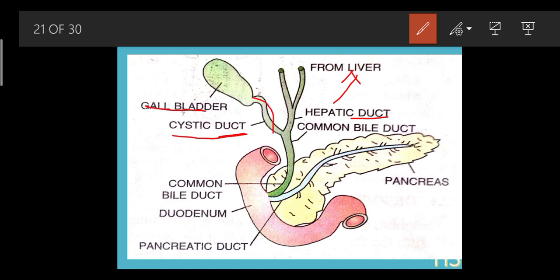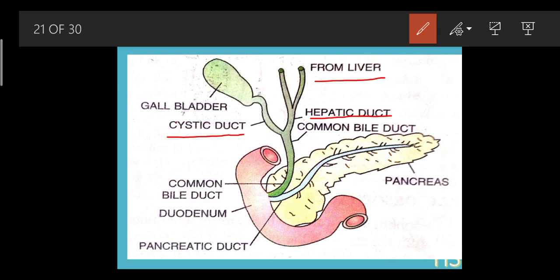They are called ducts because they appear in the shape of a tube. From the liver, the fluid leads to the hepatic duct, and from the gallbladder it leads to the cystic duct.